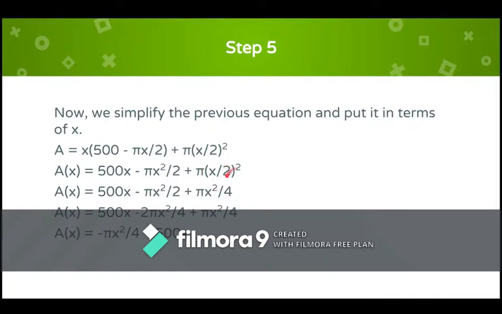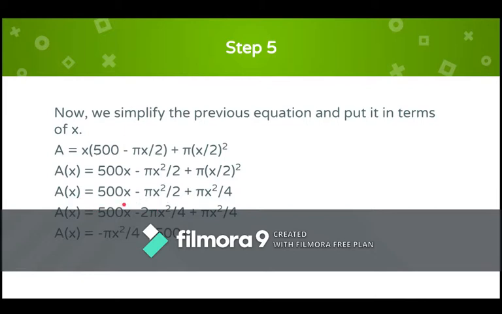Now, we can take care of the squared to get the previous equation, plus pi times x squared over 4. Now, both of these x squareds, we need to add them together in order to fully simplify. However, currently, this has a base of 2, and this has a base of 4. This can easily be solved by multiplying this term by 2 over 2 to get us a final equation.